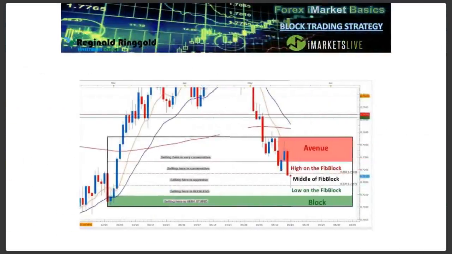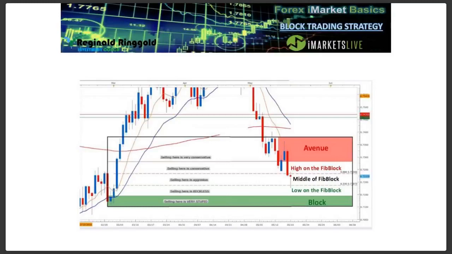Okay, now here's a good example of both, where you see on the left side you have an uptrend. On the downside, you've got a downtrend. If I go with the most current action, you can see that high on the fib block happens to be selling in a conservative area. Very high inside the avenue is a very conservative area to sell.